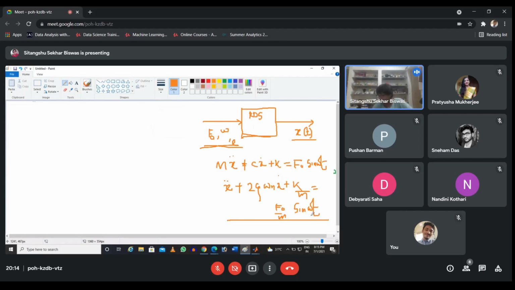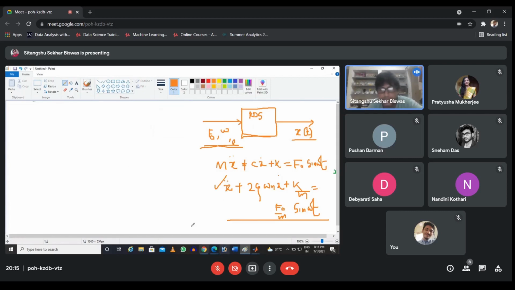So you know why I was telling this, because if you take the Laplace transform of this, as it is a double differentiation, your s square will come out.